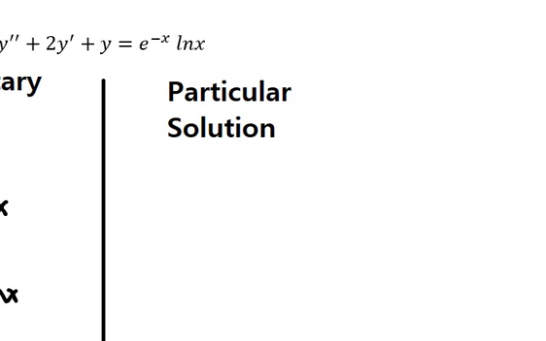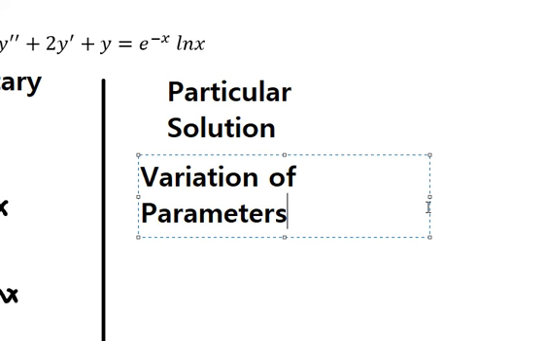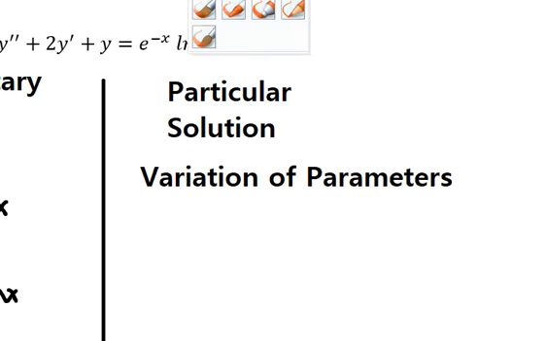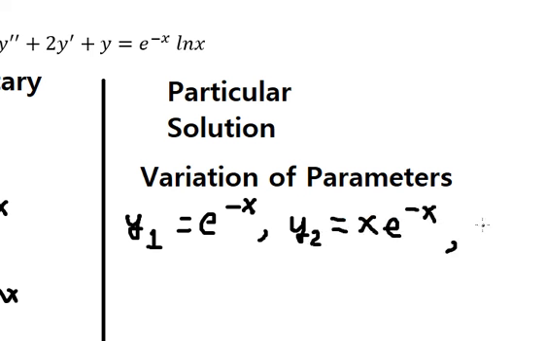About the particular solution, I will use variation of parameters. So for this one, I will put y number 1, that is e to the power of negative s. Y number 2, that is s e to the power of negative s.